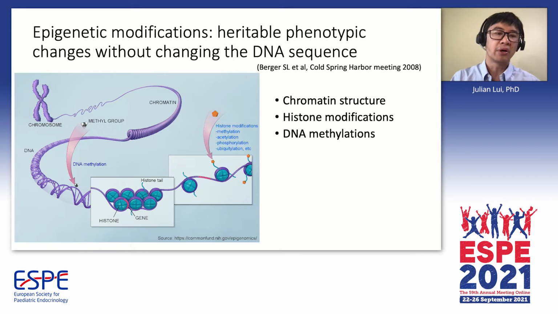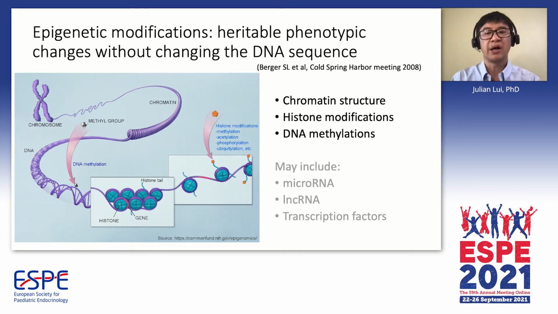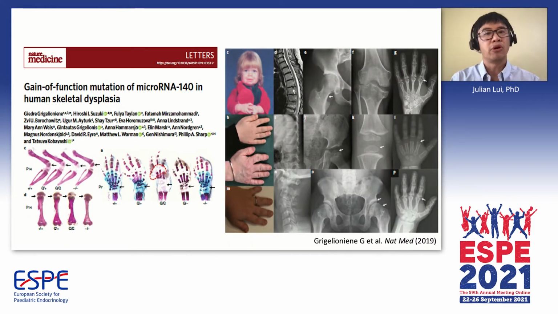In some broader definitions, it might also include microRNA, long non-coding RNA, or transcription factor binding. But for this talk, I would like to restrict myself to the narrower definition of epigenetics. And so I will not be covering some excellent work by Tetsuya Kobayashi's group and some others on the role of microRNA in the growth plate.